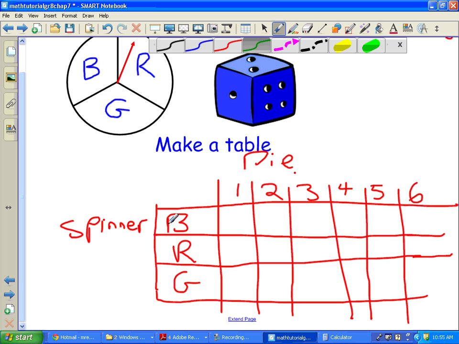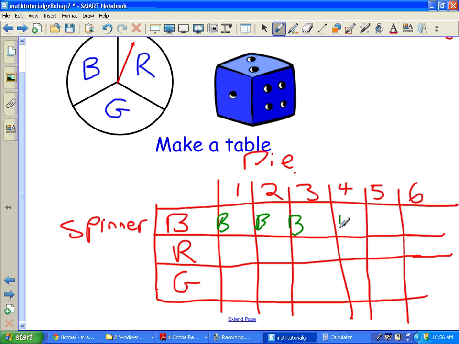So for my first one, I'll fill in all B's across here. So B, B, B, because it's all blue. For here, I will fill in all reds. And for here, all green. Now going down, they will all be ones. 1, 1, 1.